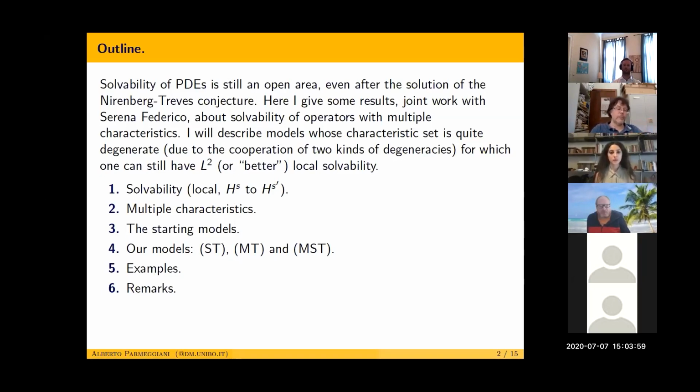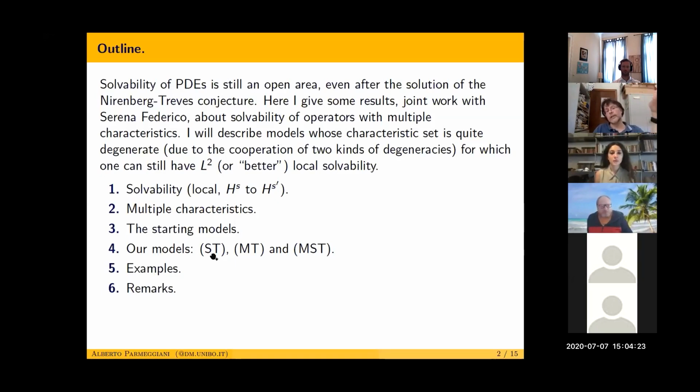So the plan is the following. First, I will give the definition of solvability, particularly HS to HS prime solvability. This will be the main solvability we'll be concerned with. Then we'll try to summarize very quickly what is known about multiple characteristics, and then talk about the starting model and discuss our model.